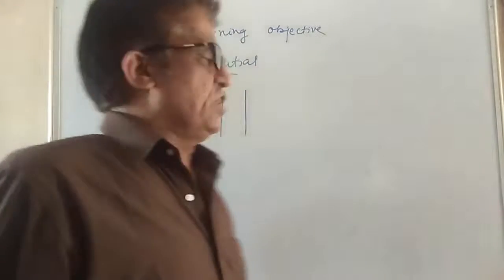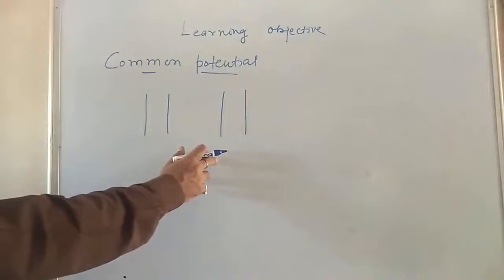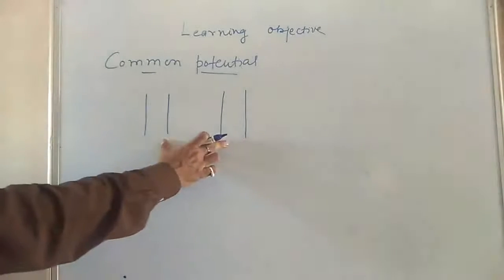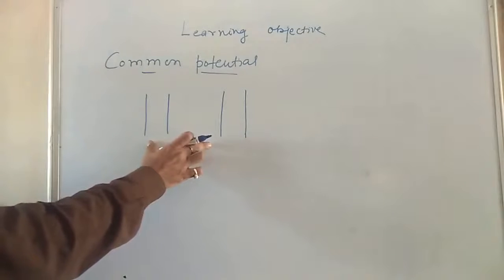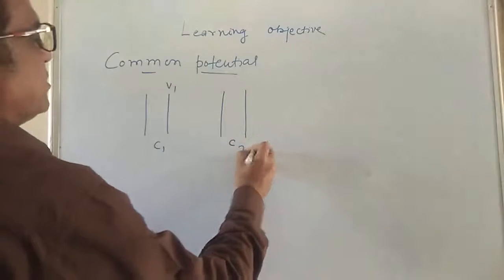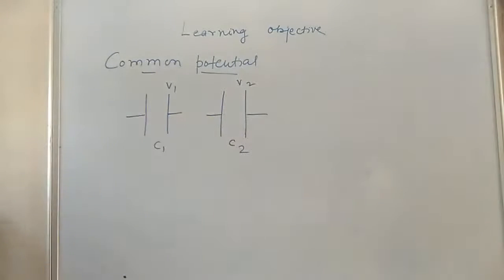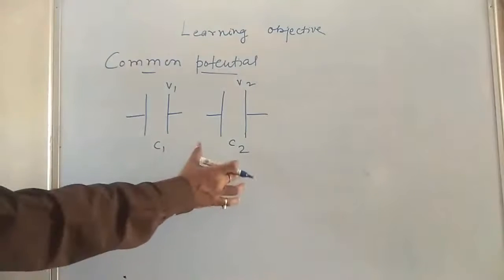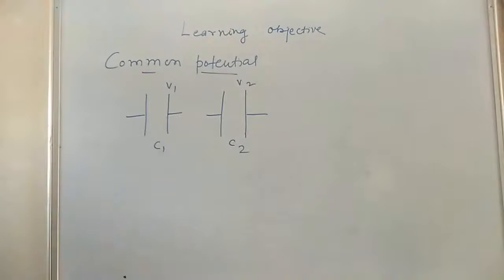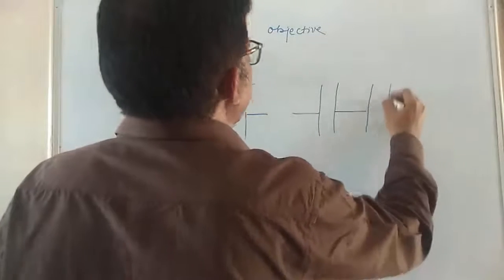What is the meaning of common potential here? When the two capacitors are charged to different potentials and connected, say the capacitor having capacitance C1 has potential V1, and C2 has potential V2 before connecting. When the two capacitors charged to a different potential are connected by a conducting wire like this.